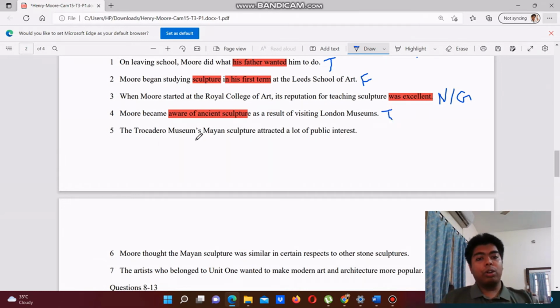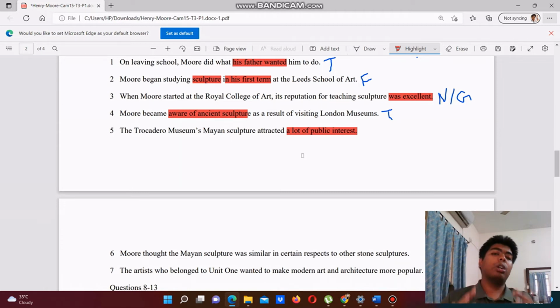The Trocadero Museum's Mayan sculpture attracted a lot of public interest. So what will be the important phrase? A lot of public interest. If this museum's Mayan sculpture attracted a lot of public interest, then it will be true.